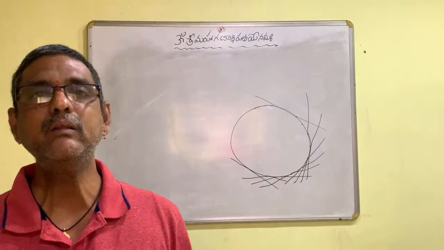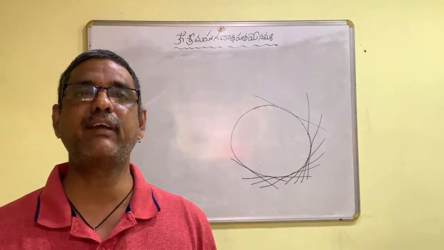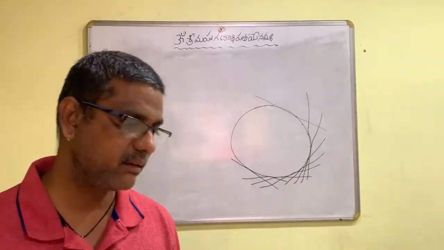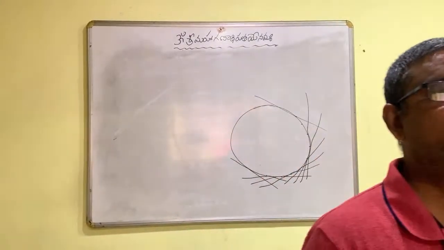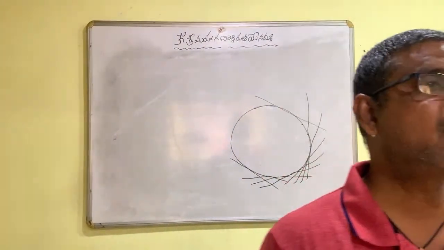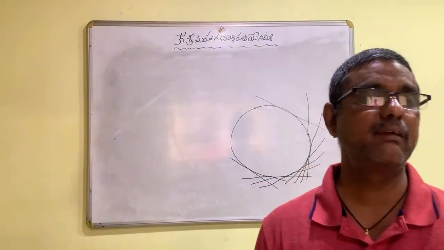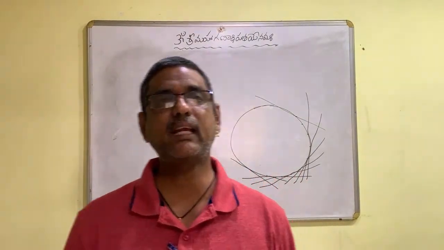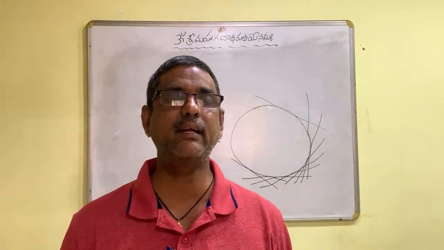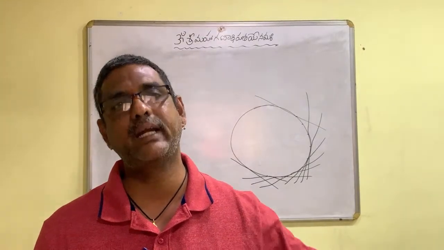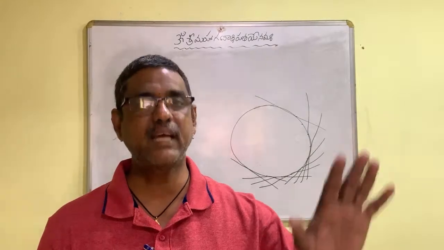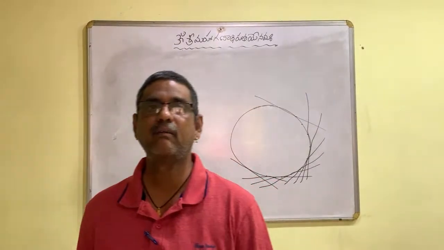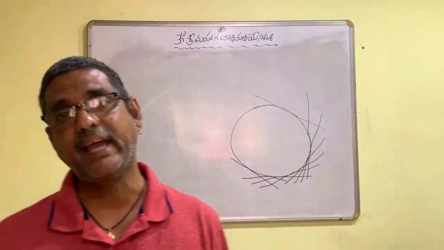So, since it consists of infinite number of points, at each and every point on the circle, we can draw a tangent. That means to a circle we can draw infinite number of tangents.